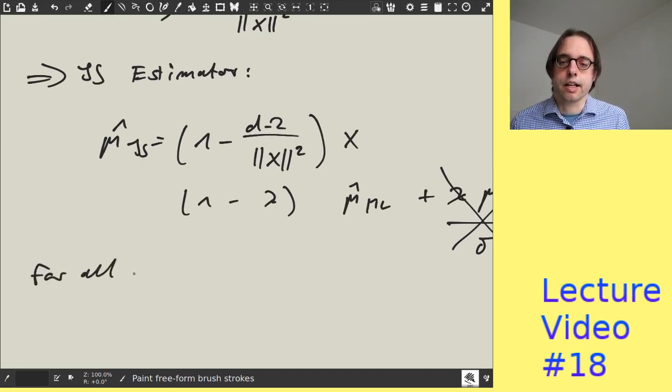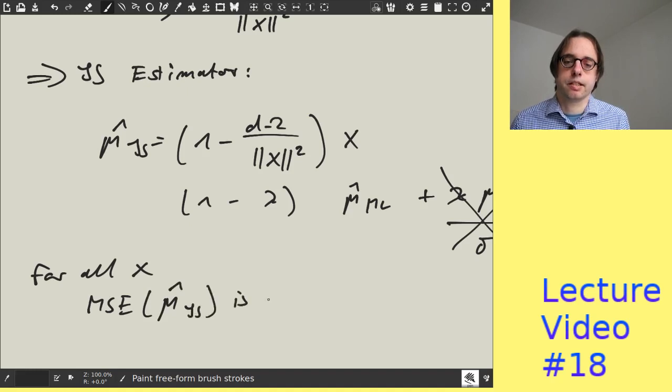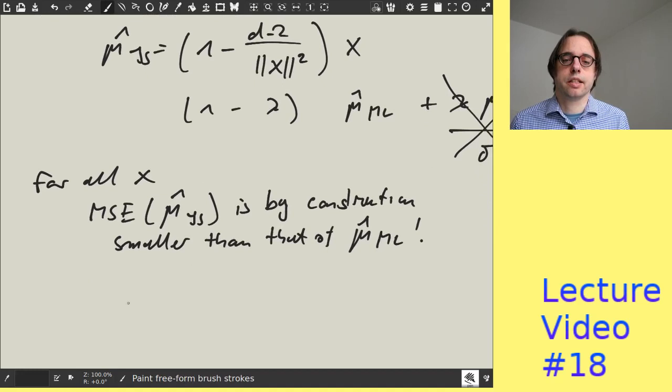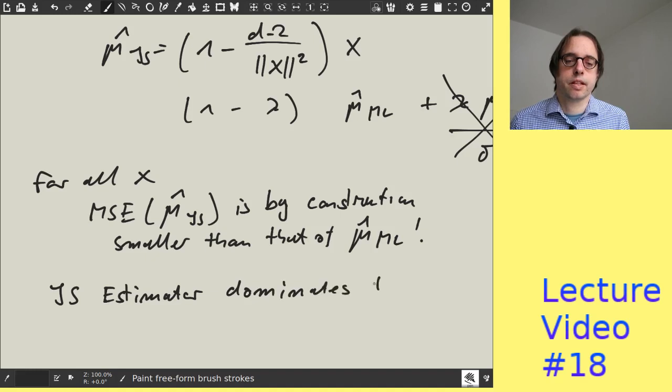for all x, the MSE of mu hat James-Stein is by construction smaller than that of mu hat ML, which means that the James-Stein estimator dominates the ML estimator.